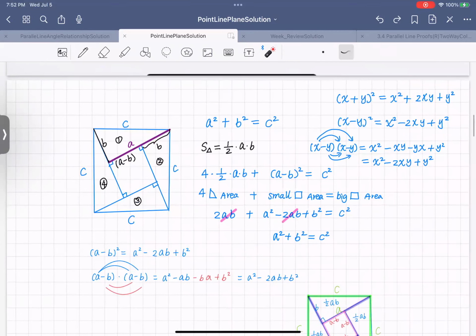So look at this. First, you need to draw this graph.